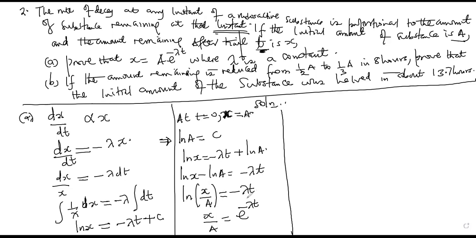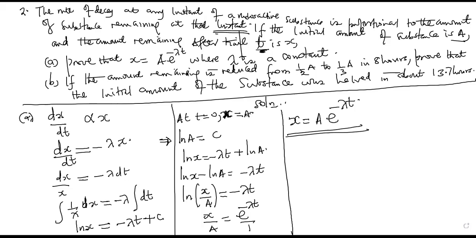So implying that here, our x, if you cross multiply, will be equal to A e power negative lambda t as required. If you're with me there, someone can type yes, but that is how simple it can be arrived at. If you're with me, type yes. Good.